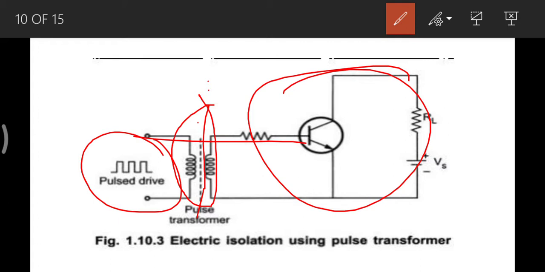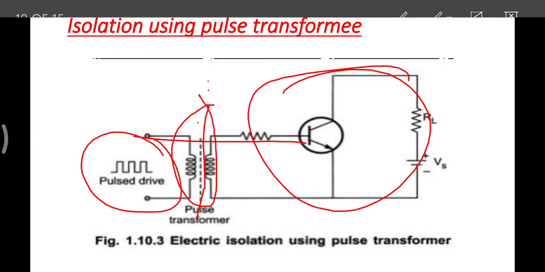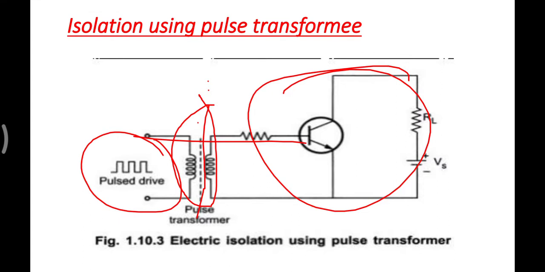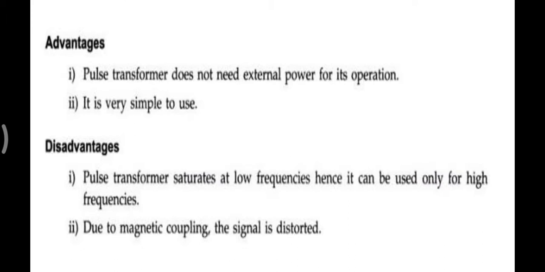But there are some advantages and some disadvantages. The advantage of this pulse transformer is that it does not need external power for its operation, so there is no need for any external supply. The second advantage is that it is very simple to use.